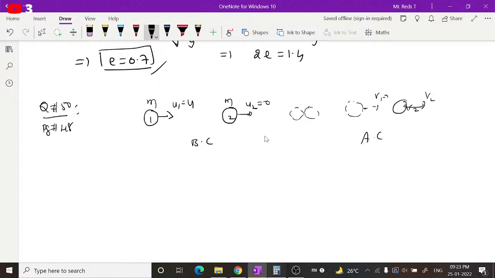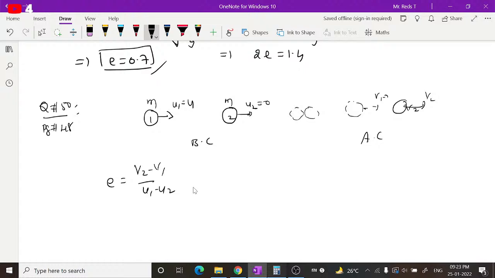So how to consider that? Let us try to understand. We know that the coefficient of restitution is the ratio of relative velocity of separation to relative velocity of approach, that is u1 minus u2, as u1 is greater, of course.